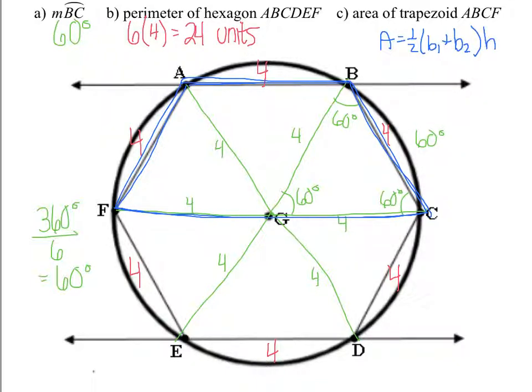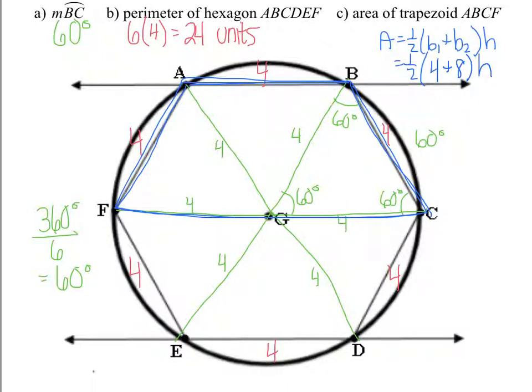You could also look at it in this particular case as the area of one of these triangles times 3. Well, my base 1 is going to be 4 units long, and my base 2 is going to be 4 plus 4, which is 8 units long, and I need to find the height.